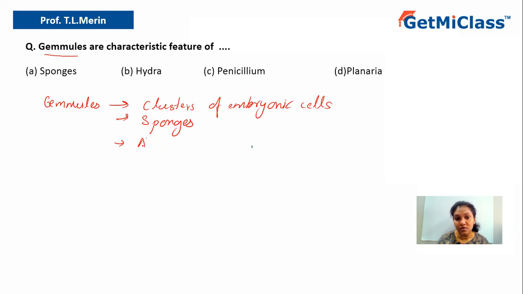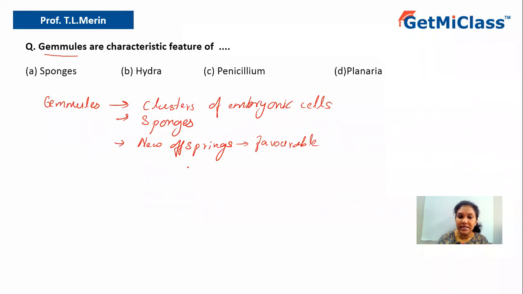Or you can say that they develop into new offspring during favorable conditions. That is, gemmules will give rise to new offspring.